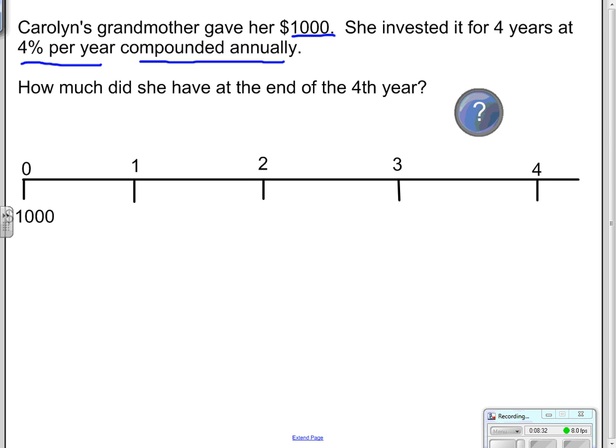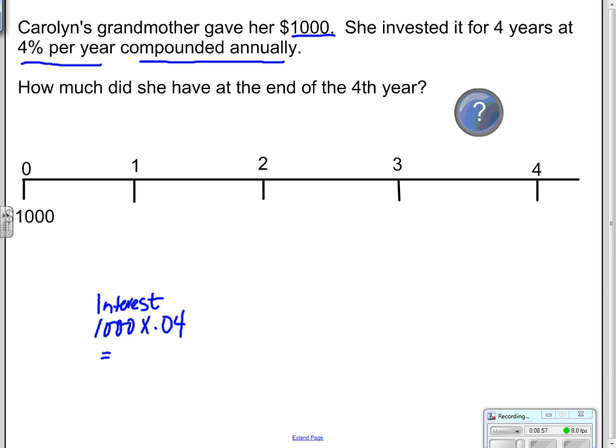So year 1. Her banker sits down once a year and calculates interest, and it's compounded interest. So she gets 4% of her $1,000. So just down here, let's calculate her interest for year 1. She had $1,000, and her interest was, as a decimal, 4%.